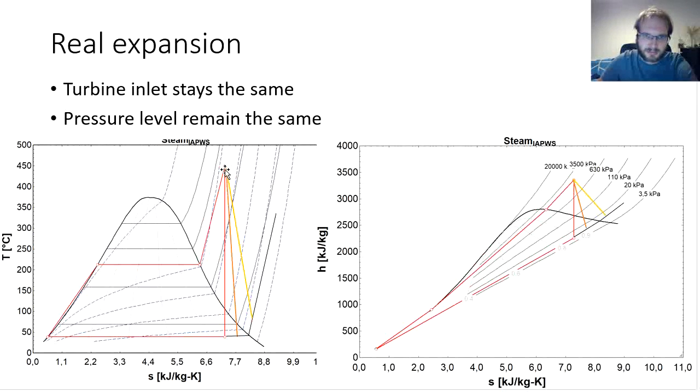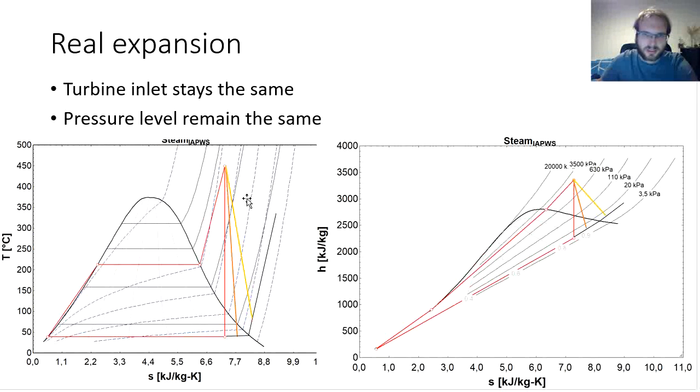We have it shown partly in here, where on the TS diagram you can see that the starting point is the same and we always go into the same isobar. The real expansion is a process that, as basically any real process in nature, produces entropy.